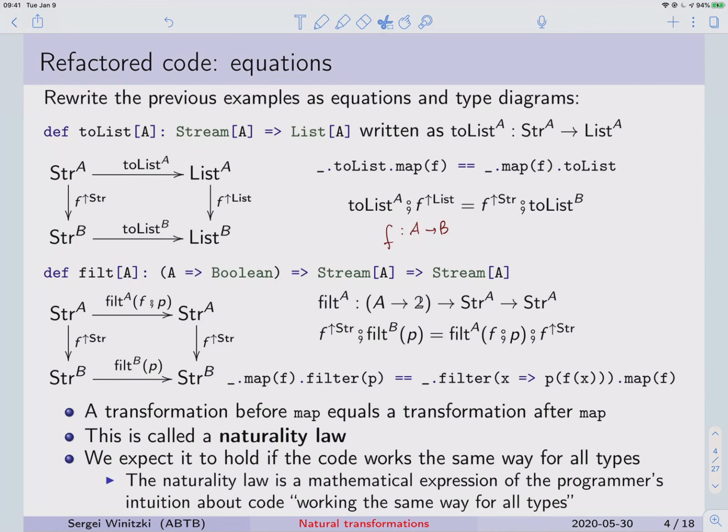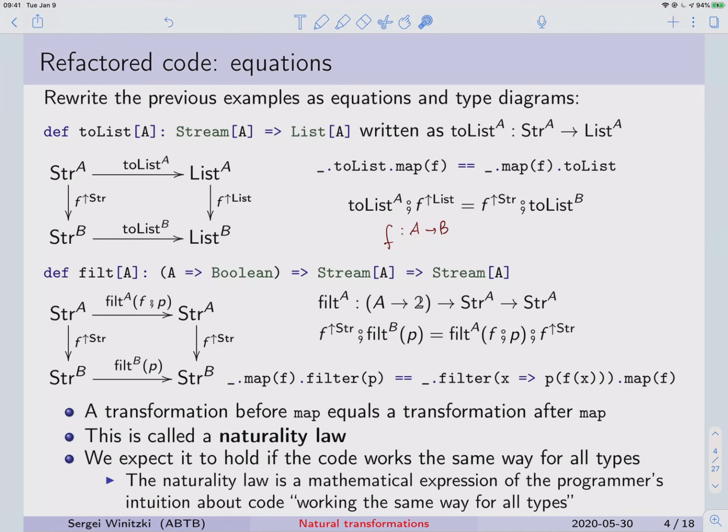And the equation can look like this. So first you do a toList with a type parameter A, and then you lift the f, which gives you a list of type B. So now the type diagram helps you to see that first you go from a stream of type A, then you get to a list of type A, then you get to a list of type B, or you first transform the stream to a stream of type B by lifting the f to the stream, and then you transform that to a list.